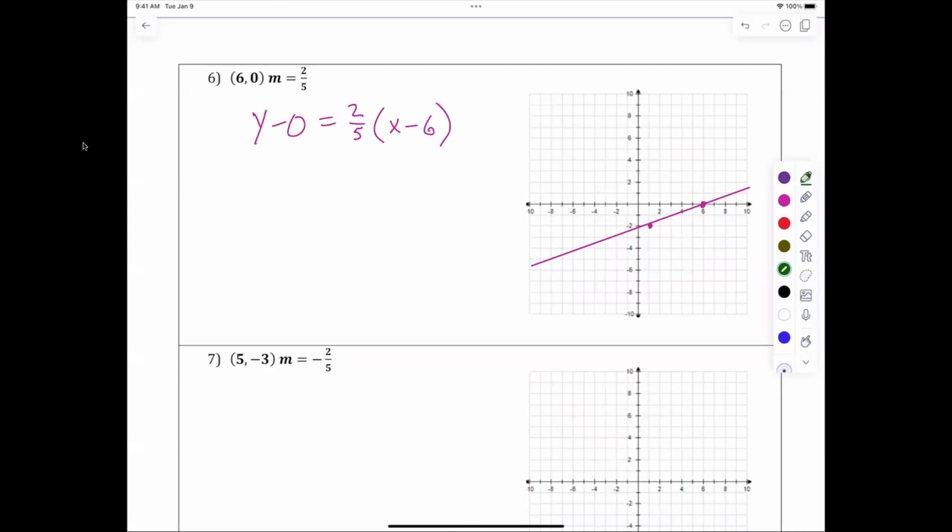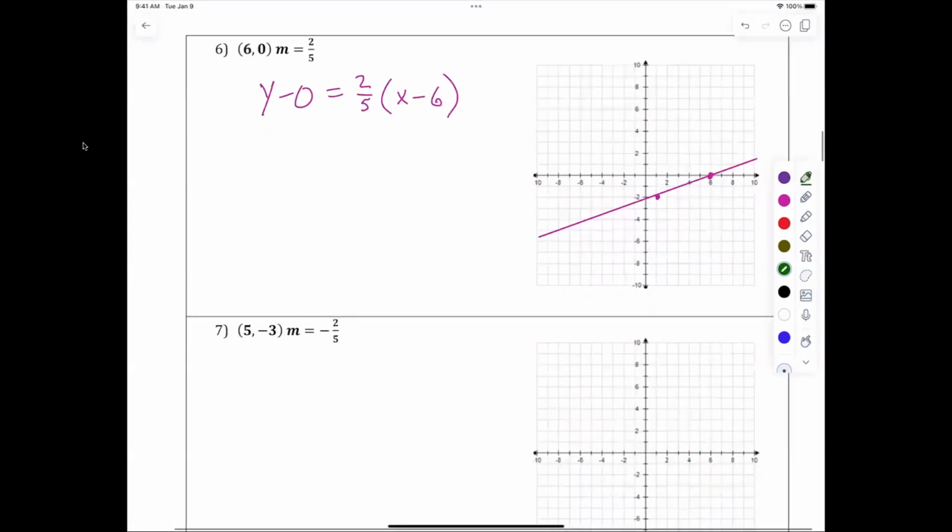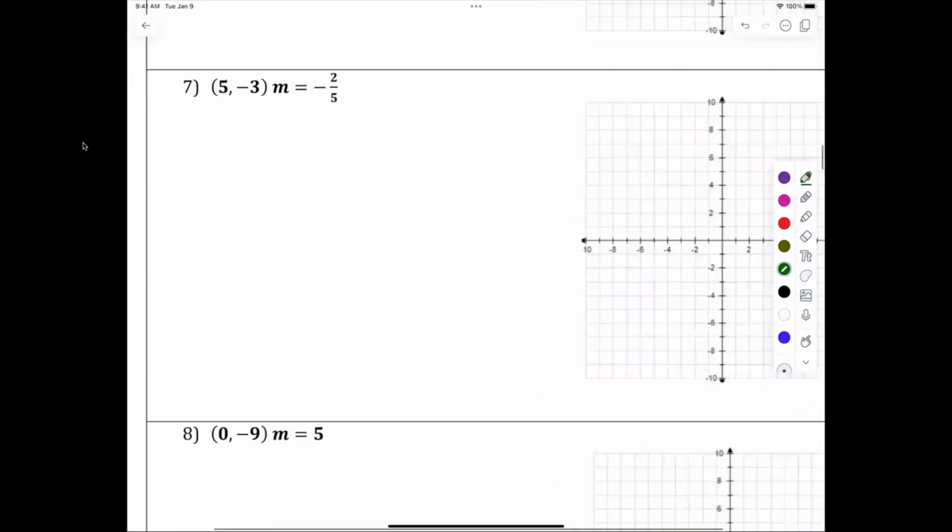All right, Bruin, you got number 7. Go. y plus 3 equals x minus 5. Wow, it's easy. All right, everybody should be able to do that. Now plot the point.